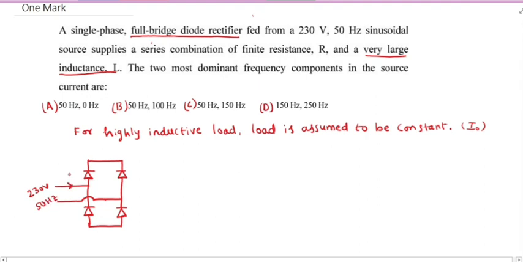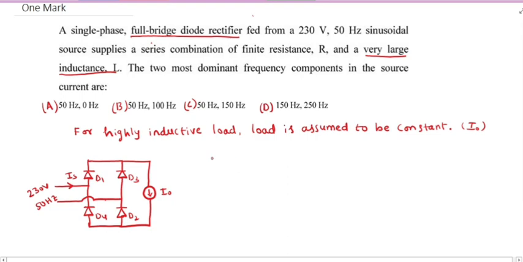This is the source current IS. Now the load is a highly inductive load. We can assume that the load current is constant. I'll represent it with this constant current source, that is I naught. Okay, so this is diode D1, this is diode D2, D3, D4.